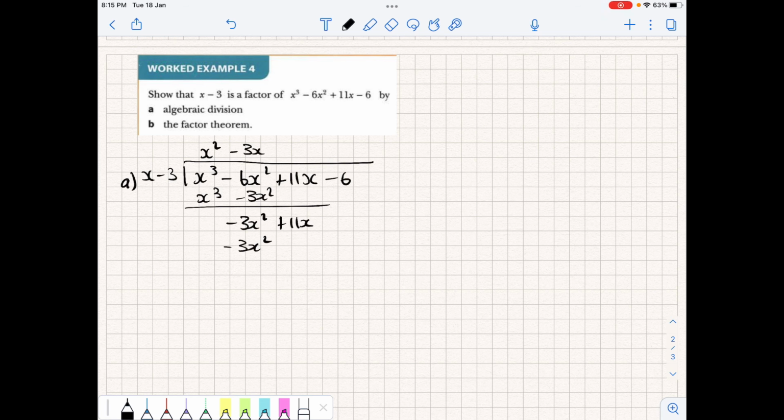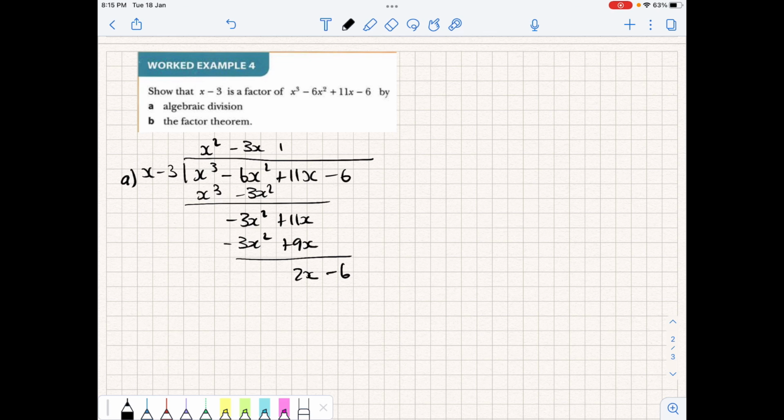Minus 3x times minus 3 is going to give us positive 9x. Subtract, we're going to get 11x minus 9x, which will give us 2x. Bring down the 6, and x goes into 2x will be plus 2. Multiply through, 2x minus 6 gives us 0.